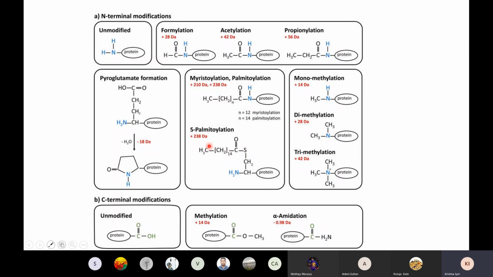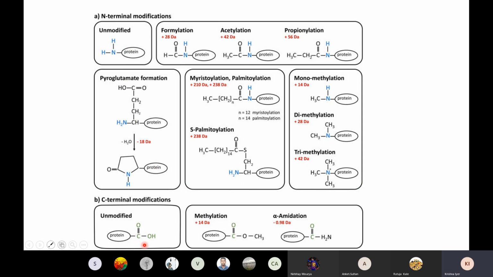That is called S-palmitylation, especially if the terminal amino acid is a cysteine. Sometimes the amino group at the terminus is methylated, so you get monomethylation, dimethylation, sometimes trimethylation, and a charge on the nitrogen. All of these modifications are seen at the N terminal.